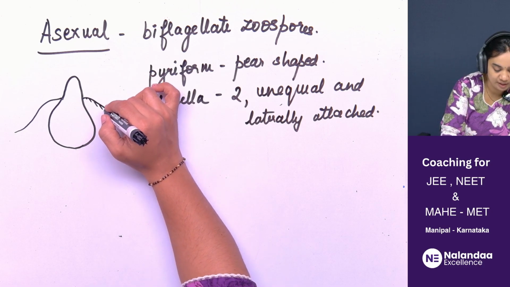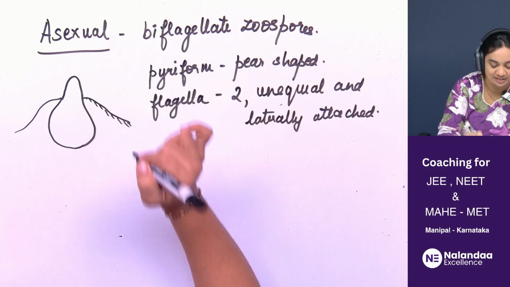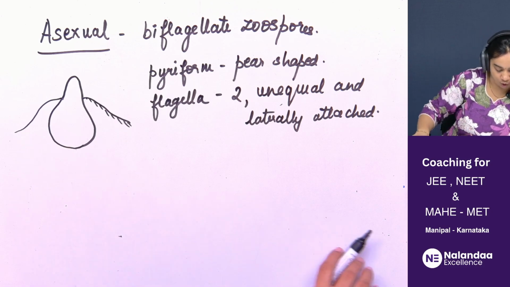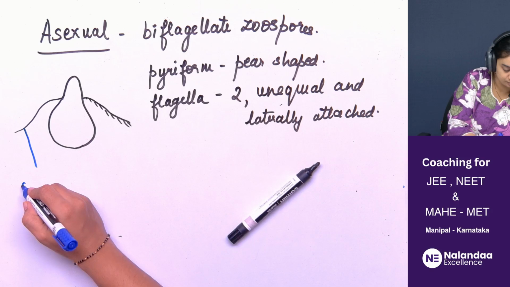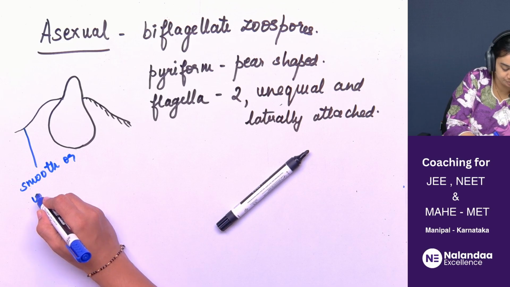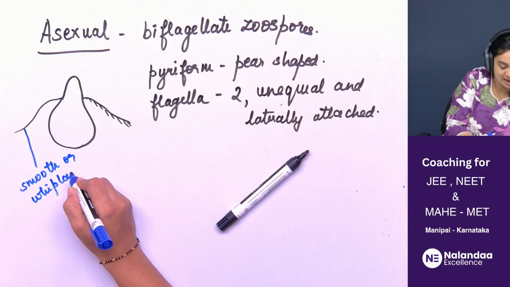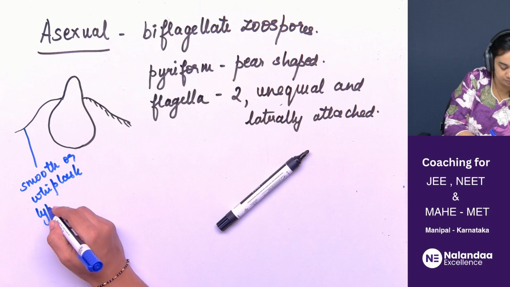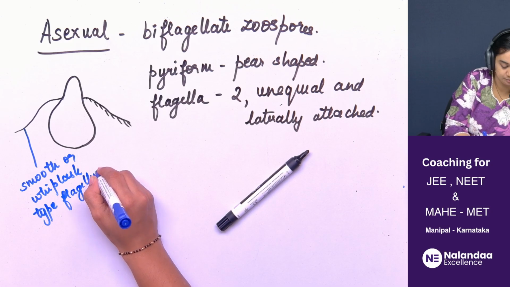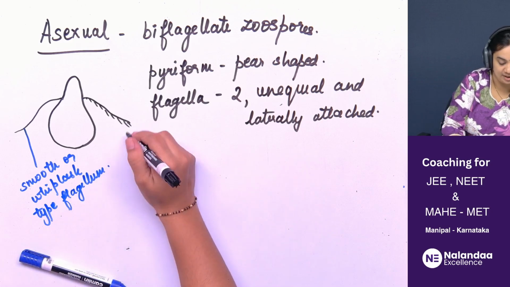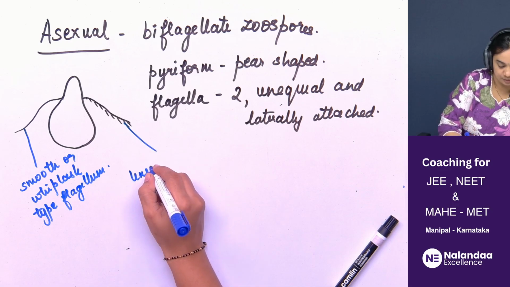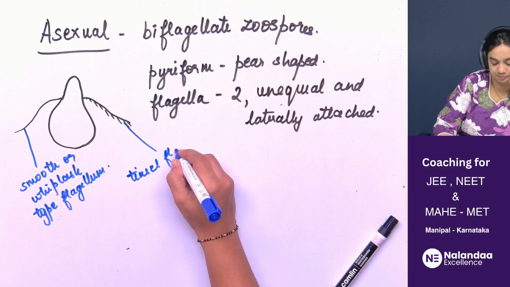And they are unequal, meaning one flagellum is smooth while the other is tinsel shaped, we call it. This is called the smooth or whiplash type flagellum, and this is the tinsel type flagellum.